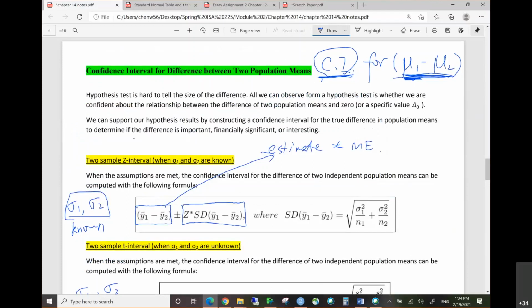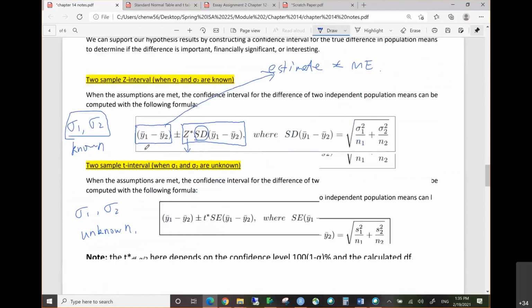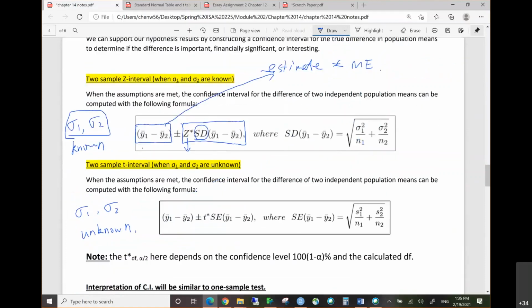Margin of error will always be the critical value times the standard deviation or standard error. Right, so in this case, since these two are both known, we have z star times the standard deviation.